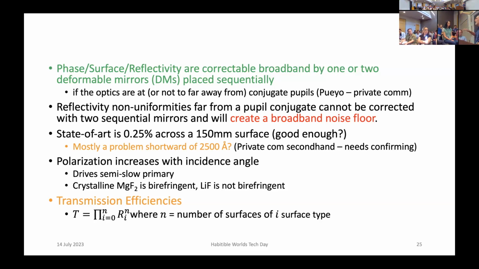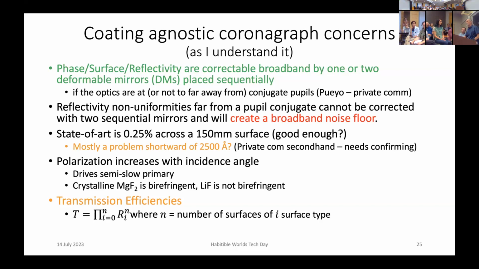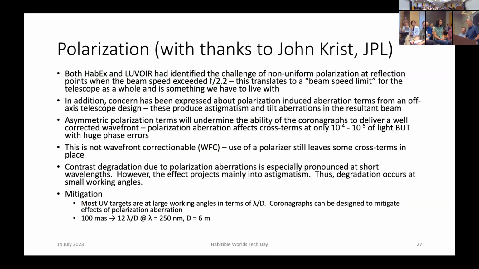State of the art seems to be about 0.25% in terms of surface quality over a 6-inch surface or so. But it mostly seems to be a problem for the coronagraph, shortward of about 2,500 angstroms. Polarization is an issue. We don't really know what the polarization of these films are. And of course, transmission efficiency is paramount in the coronagraph system.